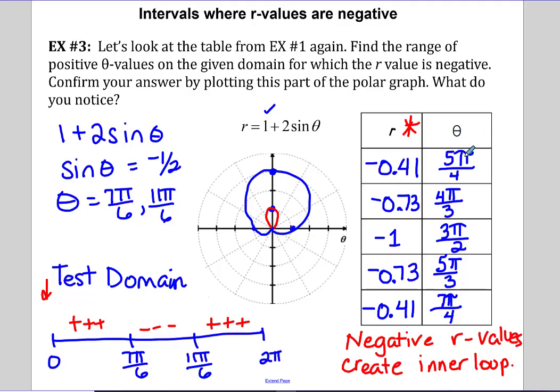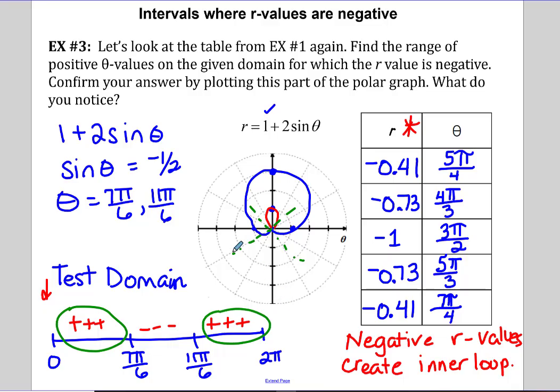So that inner loop was created on these angle measurements, 5 pi over 4 to 7 pi over 4. And that would be somewhere in here. Those were where it started and stopped, and then the blue part was created from this region in the domain and this region in the domain.